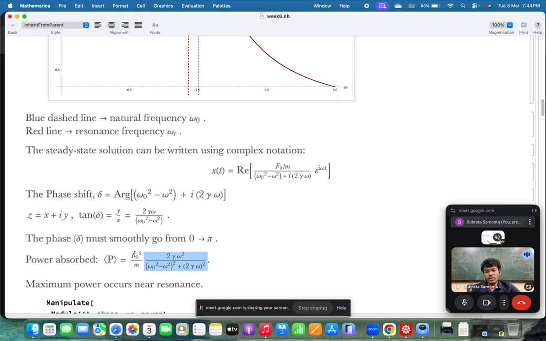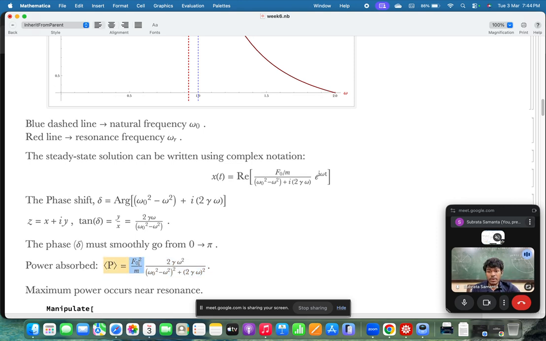This is the analytical formula, and the proportionality constant is f naught square over m. The maximum power occurs near resonance, where the phase is pi by 2, and the phase goes from 0 to pi.